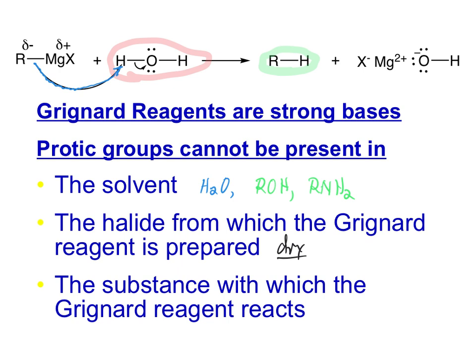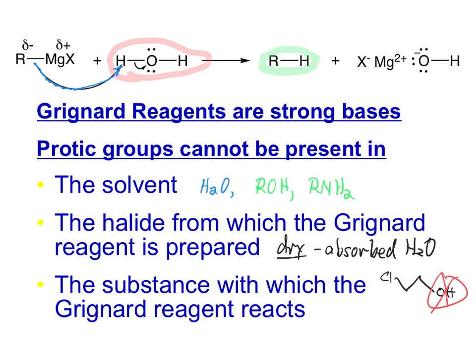That is, it can't have absorbed water in it from the environment. So it needs to be fresh and dry, or you need to actively dry it by distilling it or by putting in a drying agent. But that also means in the halide, like if you have a chloride, there can't be an OH group in another part of the molecule, right? All of those would react with the Grignard faster than the halide.